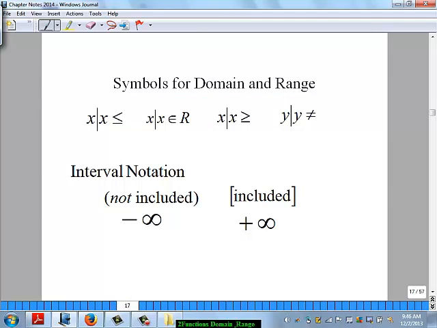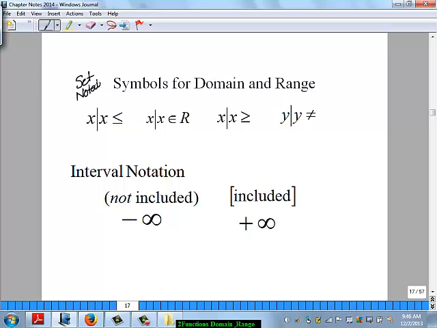Okay, now this page I put in here because this actually tells you the notations, and we're going to use set notation for domain and range, and we're also going to use interval notation. So let's talk about set notation. So here's set notation.